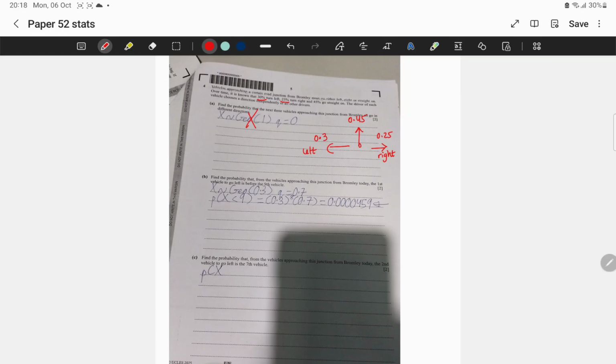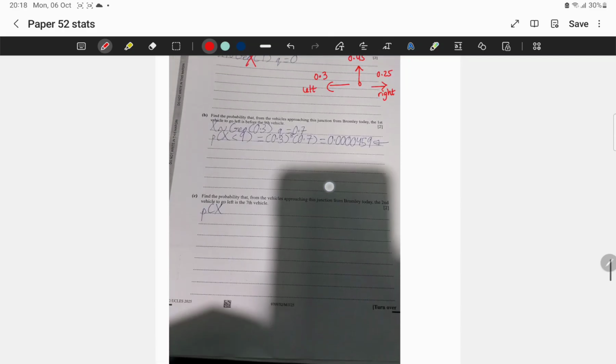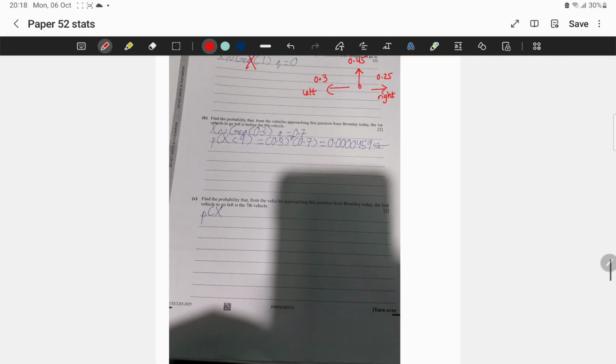It's not a geometric distribution. It's not even a distribution yet, because it hasn't described anything to you. When do you know that you're taking binomial or geometric?